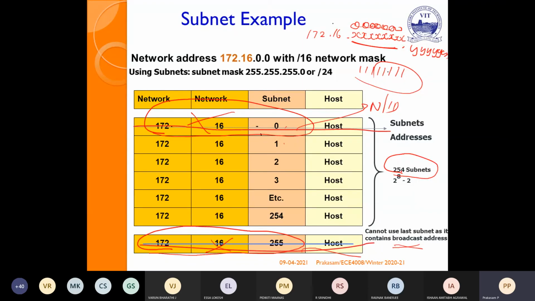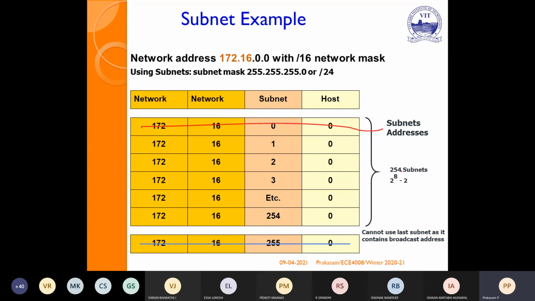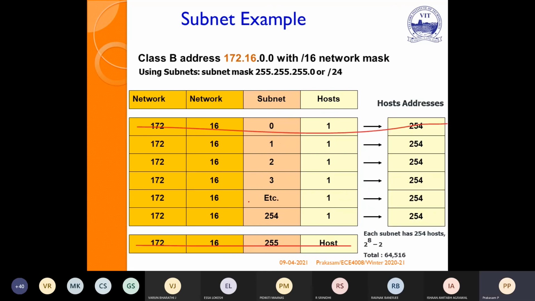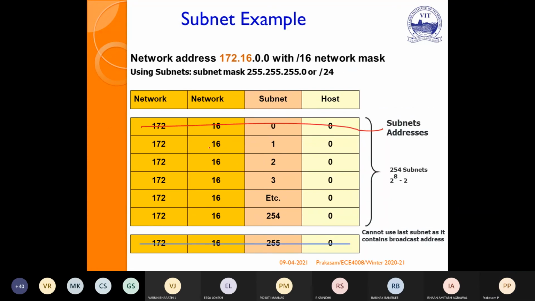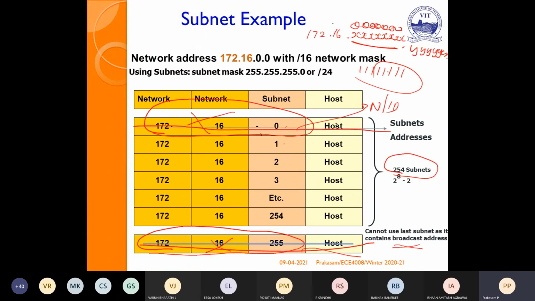Then the number of usable host addresses. In a similar way, this is 254 subnets. Again, for each subnet, the last 8 bits will vary from all 0 to all 1.